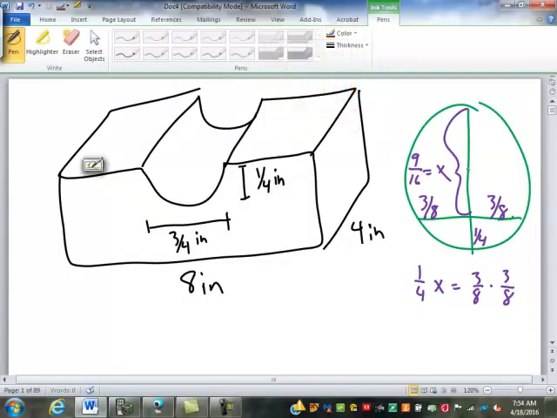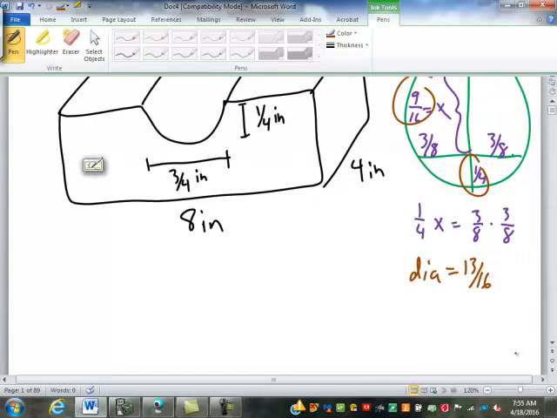Yeah, so add the 9/16 and 1/4, you're right, to get the diameter equals 13/16, which means the radius equals 13/32.